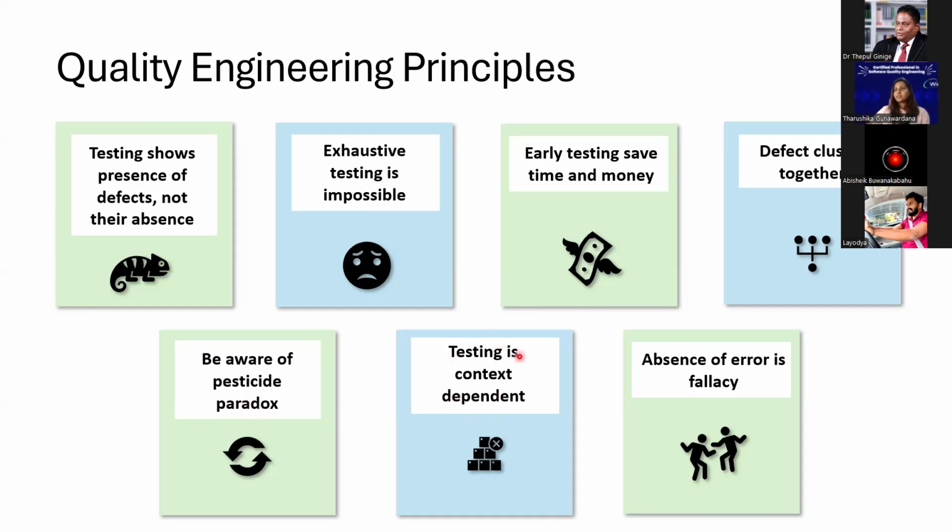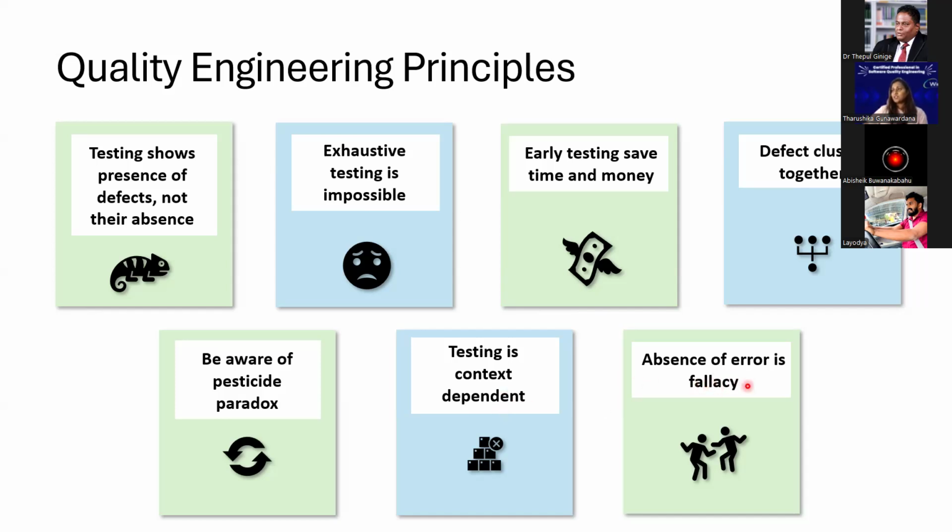And then the next quality engineering principle is testing is context dependent. The way you test a commercial e-commerce website is not the way you test high security software. The way you have to test is different. So that's why the testing context is different.